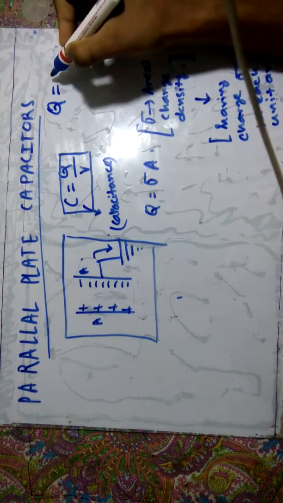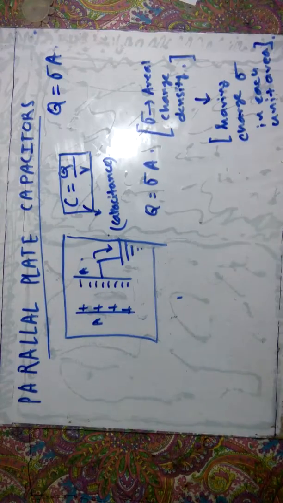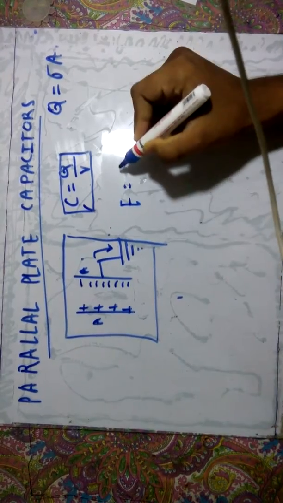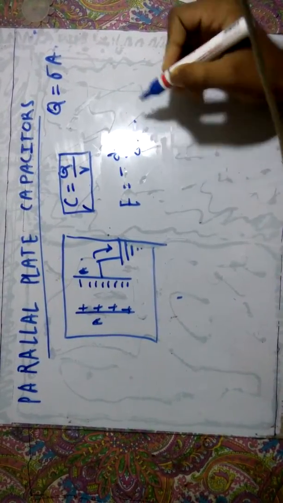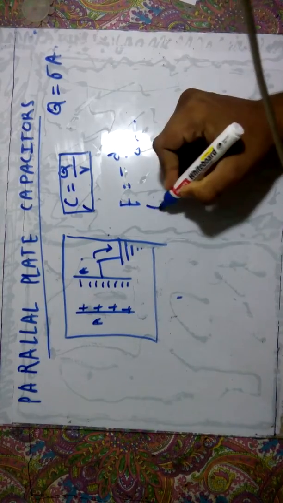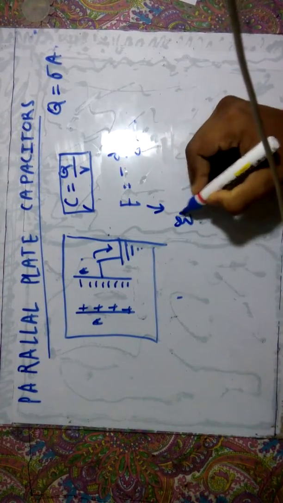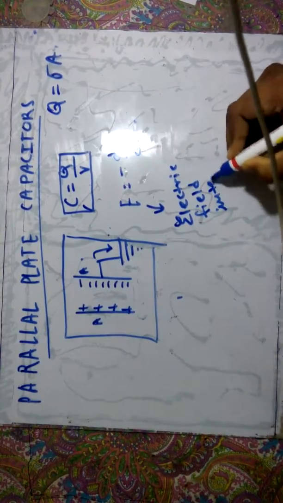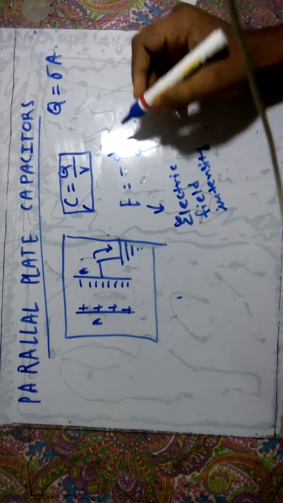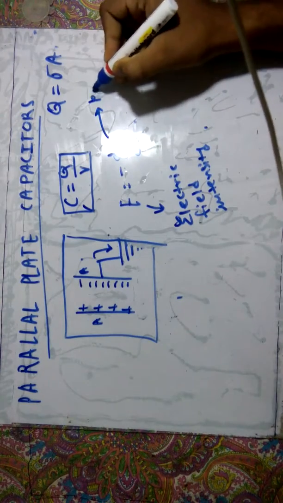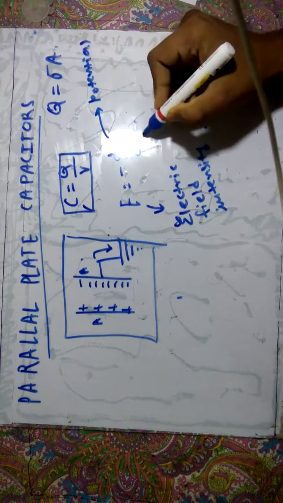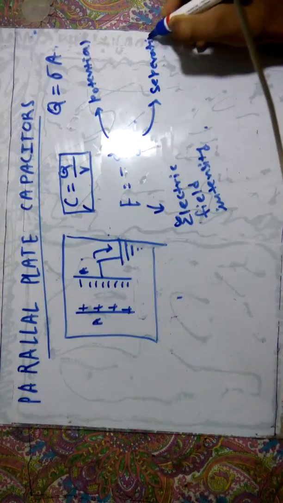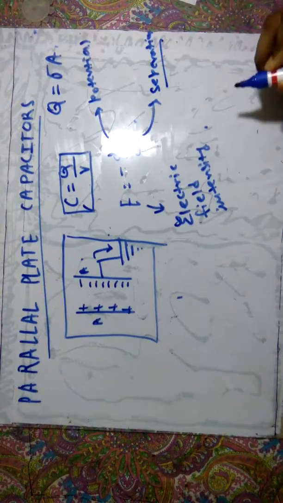We know the formula E equal to minus dV by dx, where E is the electric field intensity, V is the potential, and x is the separation.